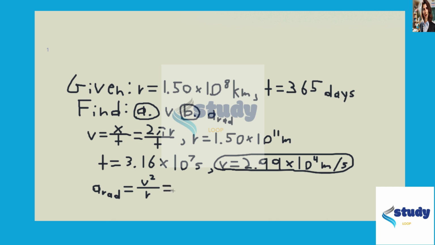If I plug in those two values, I'm going to get 5.95 times 10 to the negative third meters per second squared. So that gives me the radial acceleration.